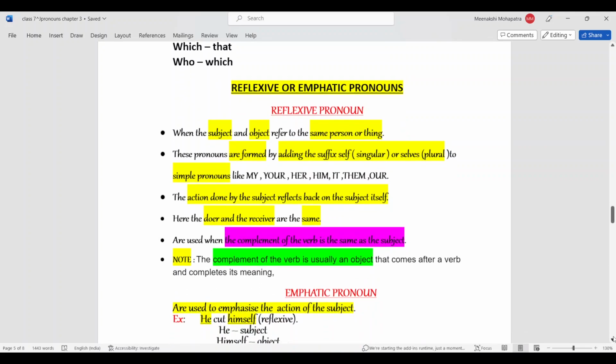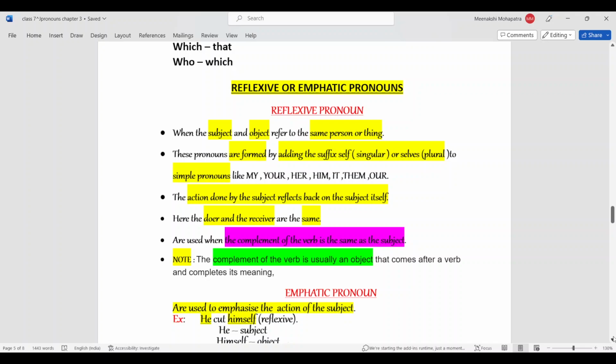So, now, children, when the subject and object refer to the same thing or person, then we call them a reflexive pronoun. But why? Because the subject and the object are the same, so they are a reflection of each other.